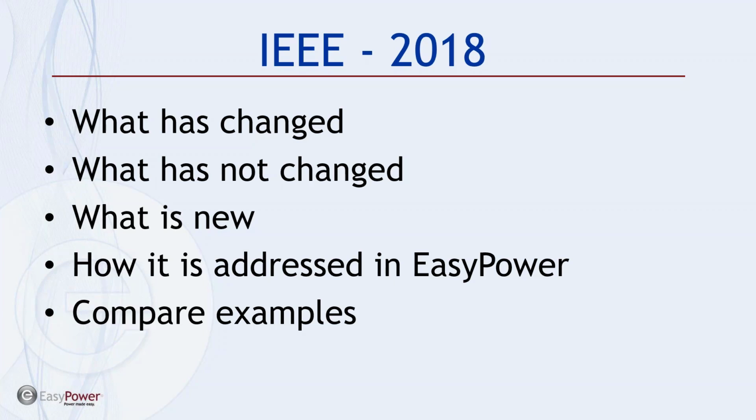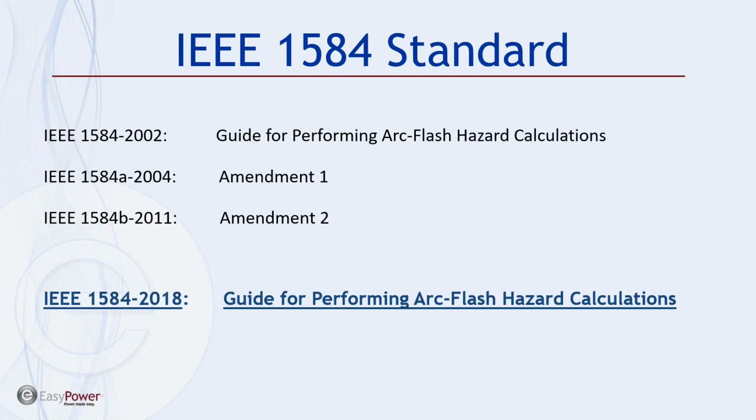So just as a quick bring you up to date, in 2002, the initial release of 1584 was labeled the Guide for Performing Arc Flash Hazard Calculations. It had an update or an amendment in 2004 and 2011, which were basically referred to as application notes and further explanation on how to apply the standard.